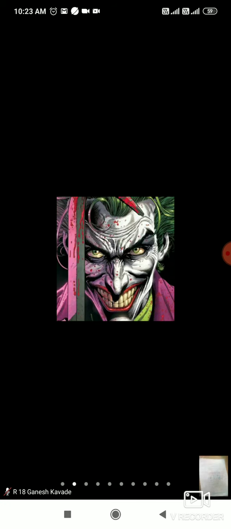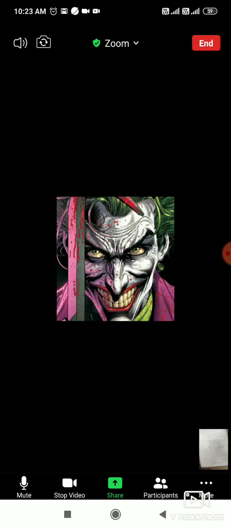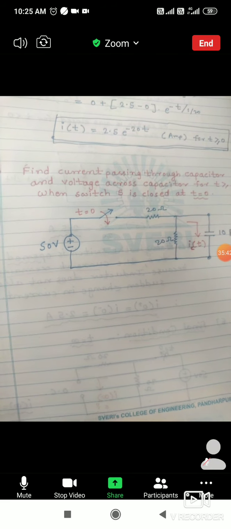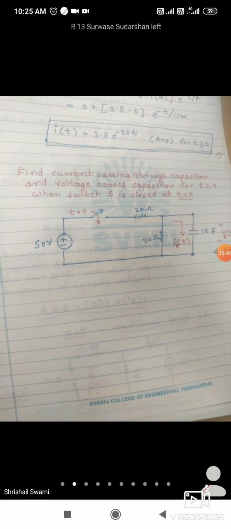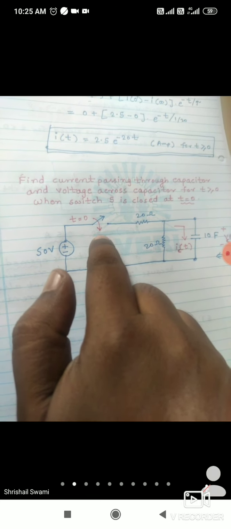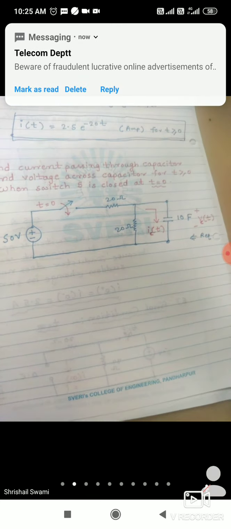Anyone? How are they connected, series or parallel? The 50 volt is shorted, this switch is closed and the capacitor is open.